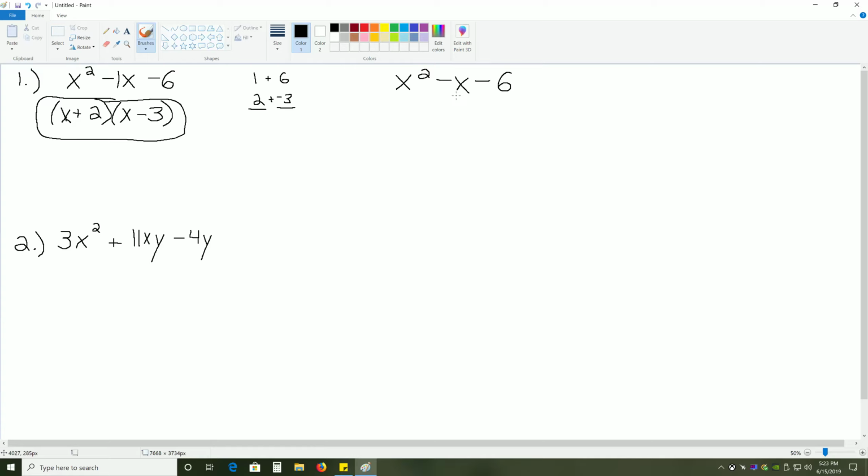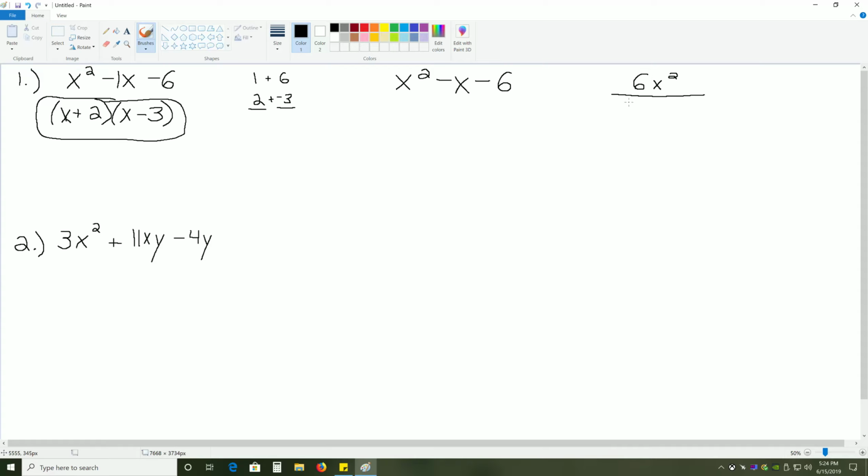The first thing that you do with the middle out method, or what is sometimes referred to as the AC method, is take your first term and your last term and multiply them together. So 6 times x squared is 6x squared. Once you do this, you want to write out all of your double multiples that will multiply to give you this 6x squared.